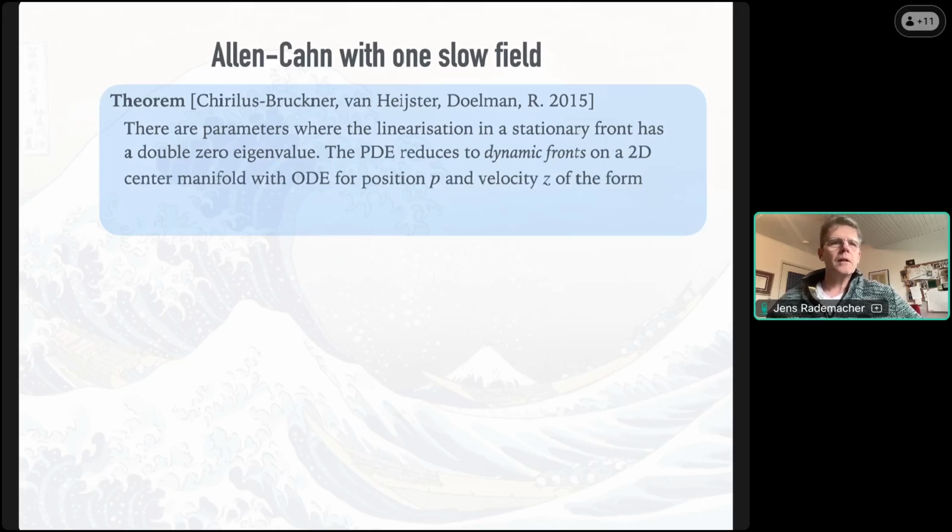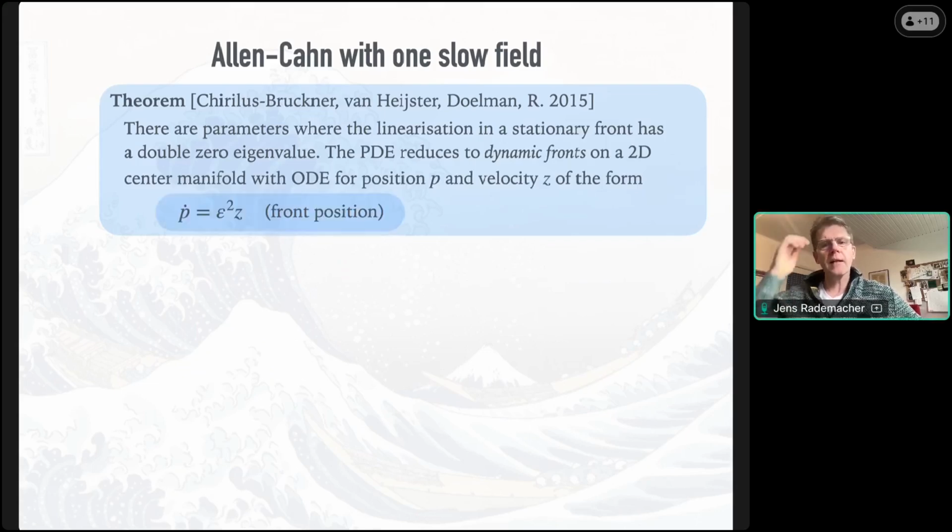And indeed, one can realize this here and see that the PDE reduces near such fronts to dynamic fronts, which are described by the center manifold of 2 dimensions, and the coordinates of the center manifold mean position and velocity.